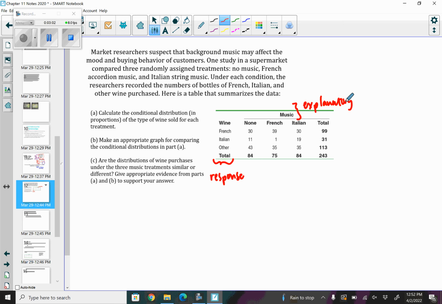Part A says to calculate the conditional distributions in proportions of the type of wine sold for each treatment. Remember, when we do this, we do our conditional distributions based on the explanatory variable, the thing that is changing. So we are going to do each distribution for no music, French music, and Italian music broken up into the different types of wine.